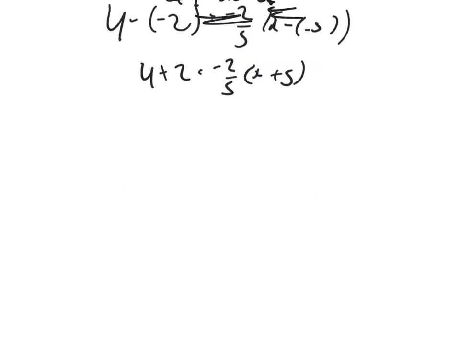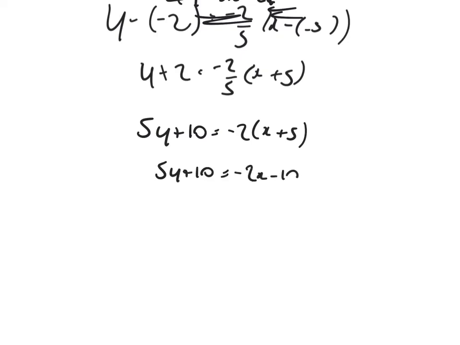I can then multiply through by 5, and that will be 5y plus 10 is equal to minus 2 bracket x plus 5. 5y plus 10 is equal to minus 2x minus 10. Bring that across, and that will be 5y equals minus 2x minus 10 take away 10 is minus 20.